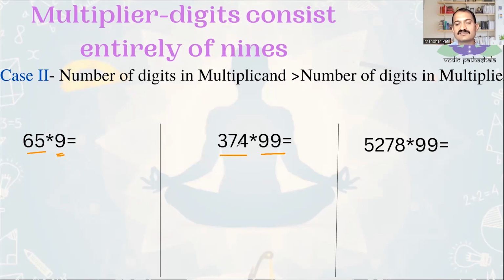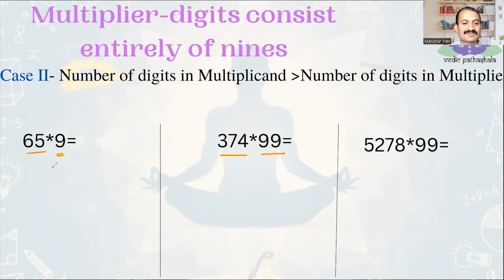So in that case, what to do? Actually, even though we are doing multiplication, in this case we are going to do subtraction and we will get the answer for multiplication. What? Yes, you heard right. We are going to do subtraction and you are going to get the answer for multiplication.